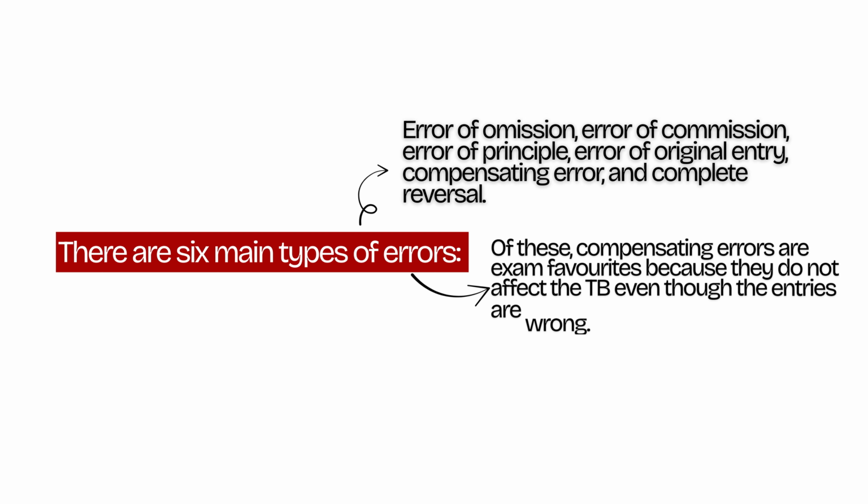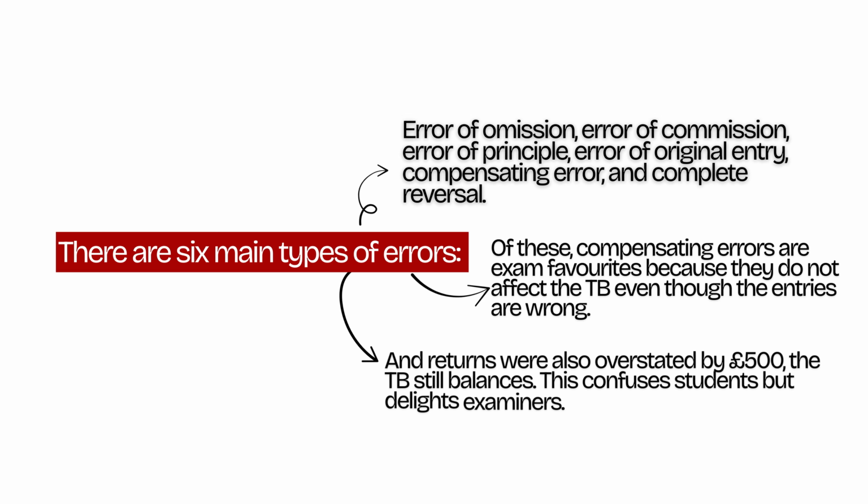Of these, compensating errors are exam favorites because they do not affect the TB even though the entries are wrong. If purchases were overstated by £500 and returns were also overstated by £500, the TB still balances. This confuses students but delights examiners.